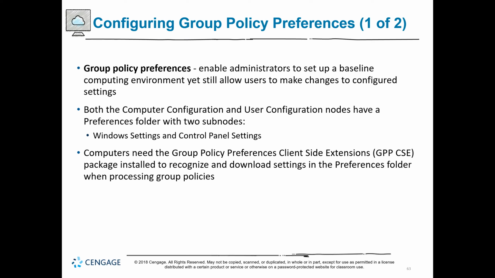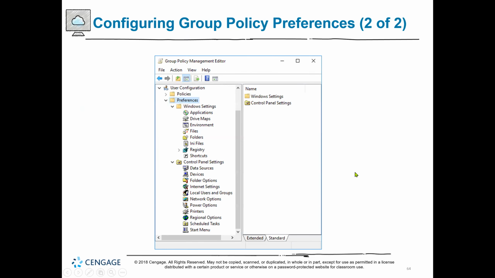Computers need the group policy preferences client-side extensions, GPPCSE package, installed to recognize and download settings in the preferences folder when processing group policies. So here's your group policy management editor, and you can see Windows settings and control panel settings. The nice thing about these is they are very nicely separated out, so it's fairly easy to navigate.